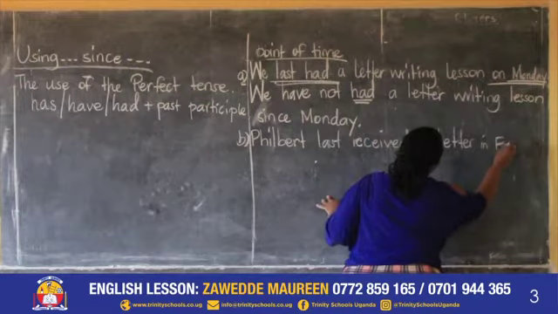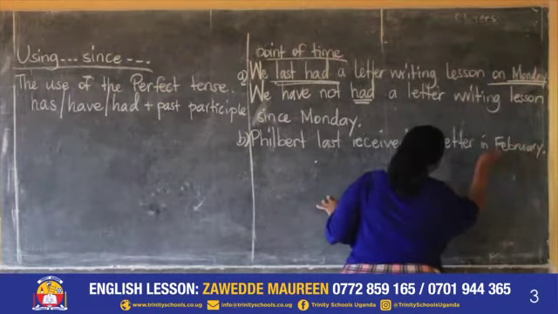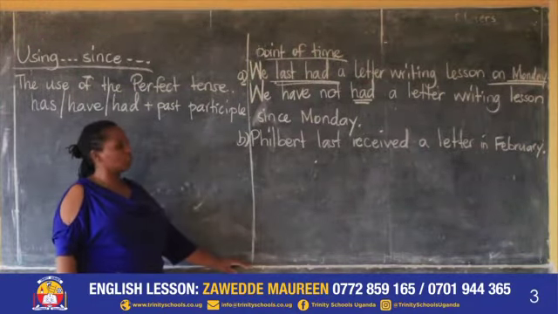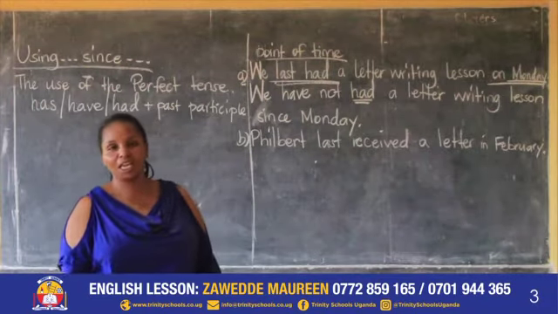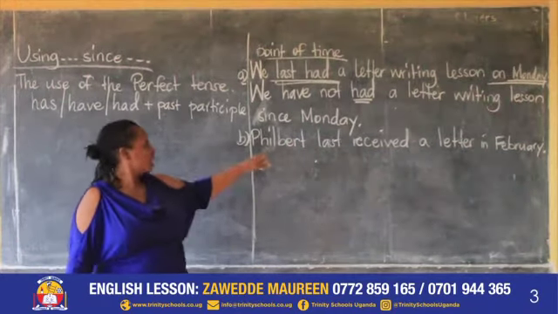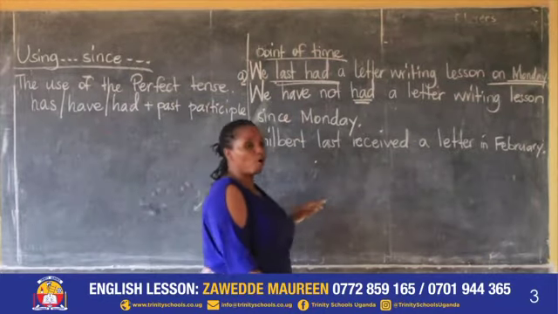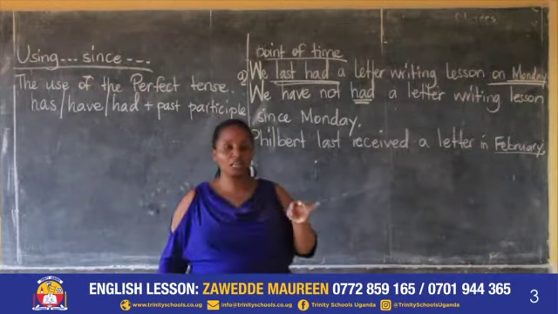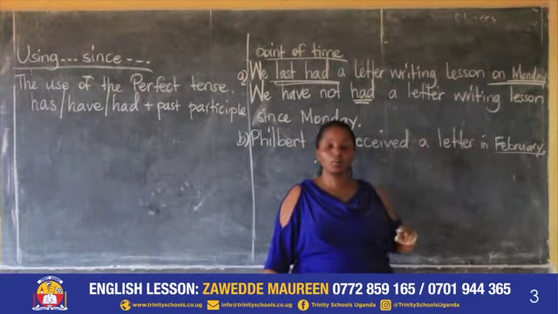Check the spelling of February and capital F. Capital F, make sure it doesn't cross there. Philbert last received the letter in February. We are in May. According to this sentence here, Philbert last received the letter in February. The point of time Philbert last received the letter was in February. We are now in May.